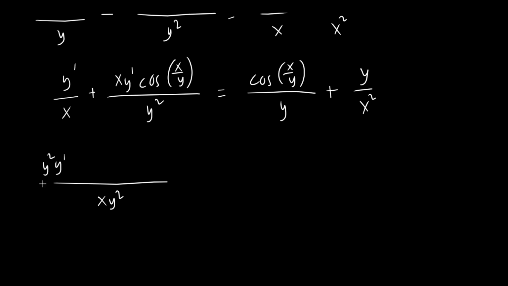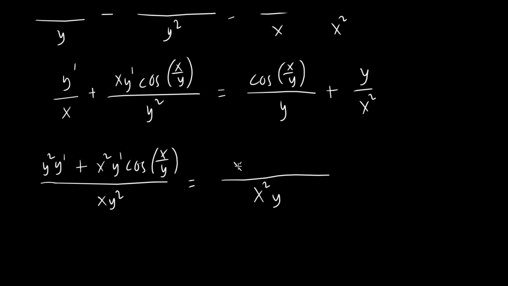So y squared y prime plus x squared y prime cosine x over y. So we have x squared cosine x over y plus x squared, so y squared.